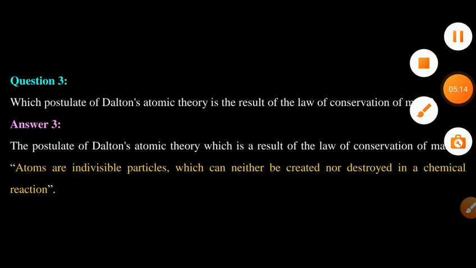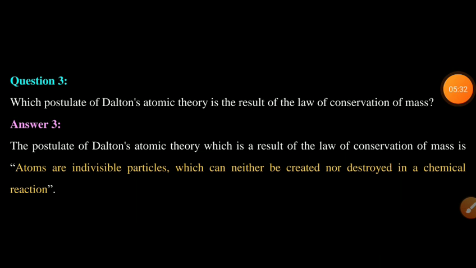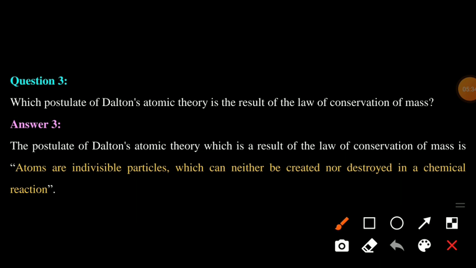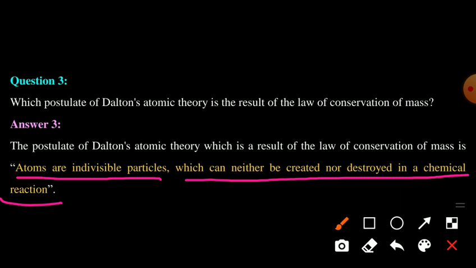Question number 3 is, which postulate of Dalton's atomic theory is the result of the law of conservation of mass? So here the postulate of Dalton's atomic theory, which is a result of law of conservation of mass, is atoms are indivisible particles which can neither be created nor destroyed in a chemical reaction.